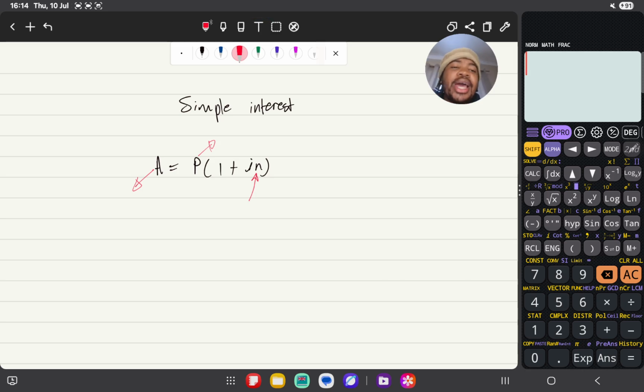Actually, let me say n is the number of years. If your investment was done for, say, 6 months, you will say the investment was for 0.5 years. You know what I'm saying? And then right here we have the i, which is the interest you're getting on your principal.